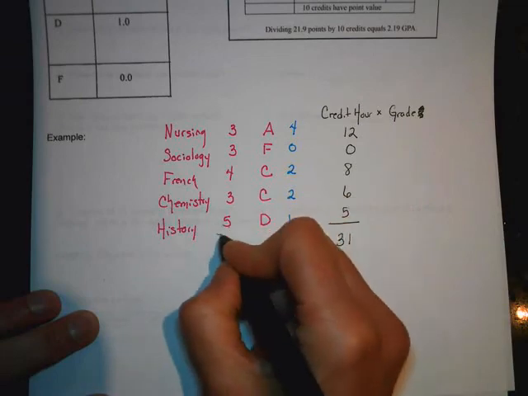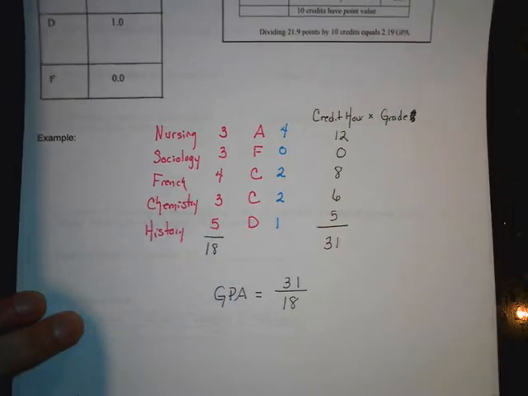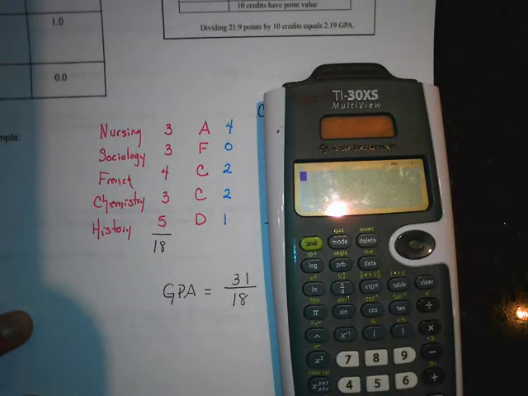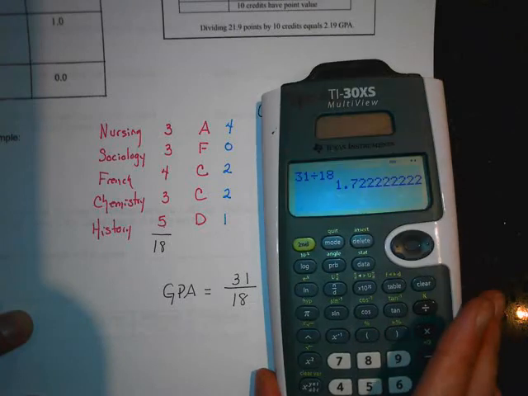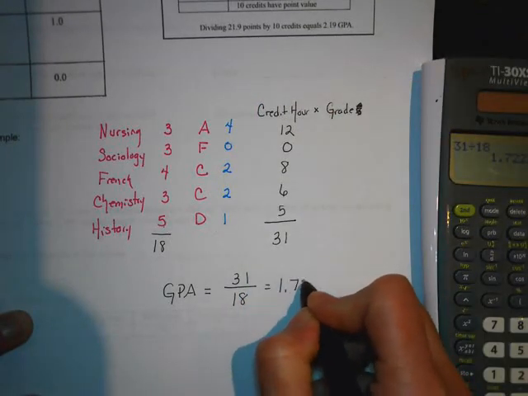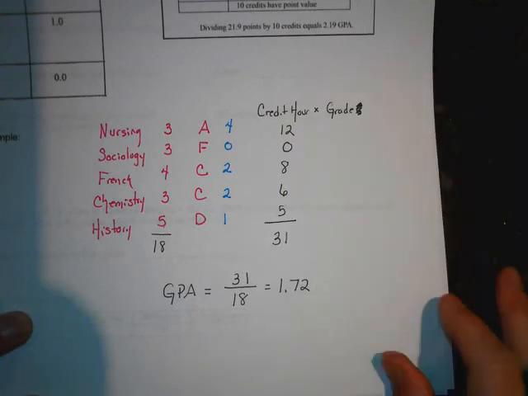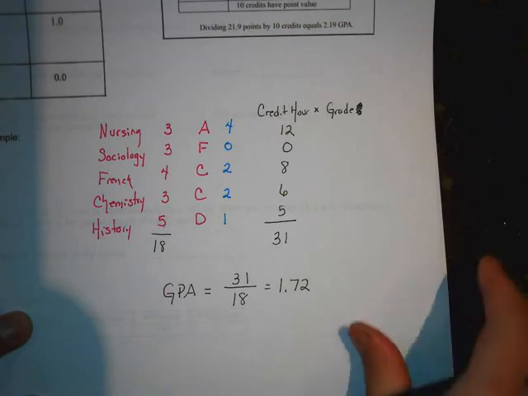So that adds up to 18. So you're going to take 31 divided by 18, and you're going to round it to 2 decimals. Credit grades are always 2 decimals. So your GPA for the test was 1.72. Definitely a question on your final too, guys. You got to know how to do that.